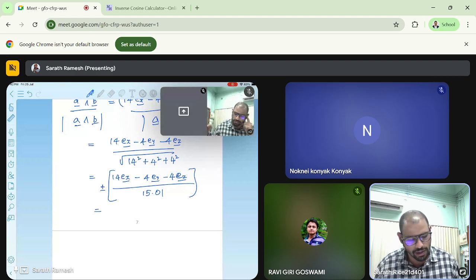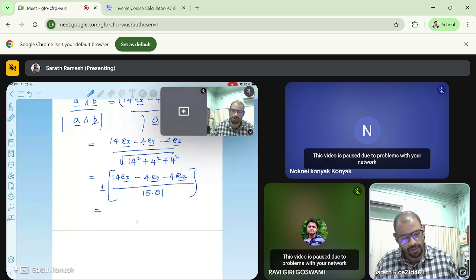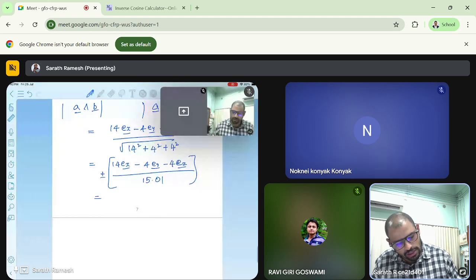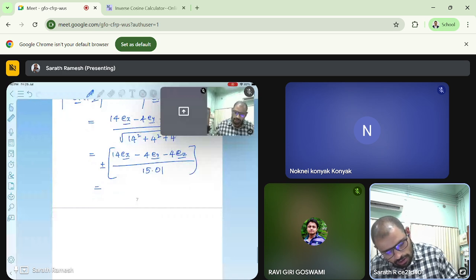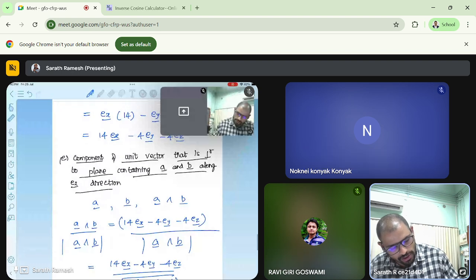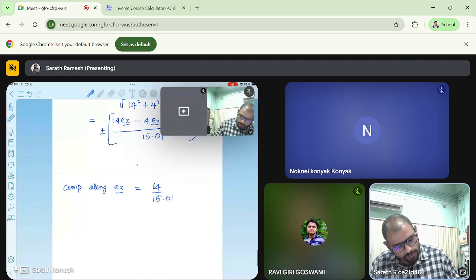So the component along Ex will be 14 by 15.01, and similarly the component along Ey will be 4 divided by 15.01, and the component along Ez will be 4 divided by 15.01. This is the answer.